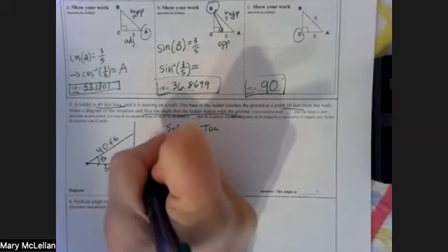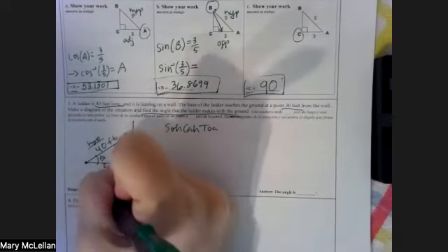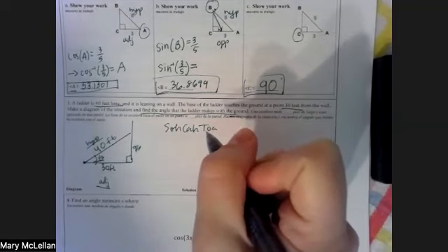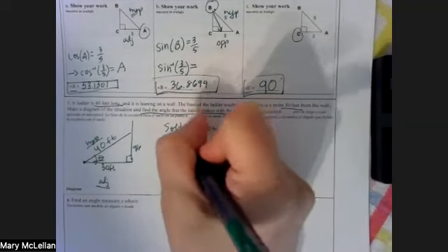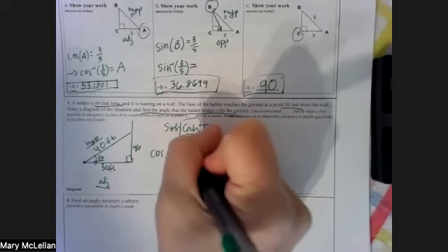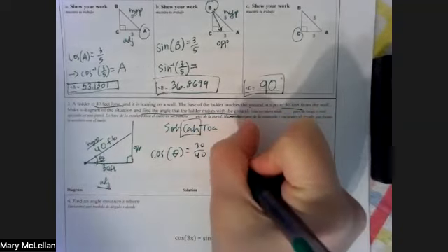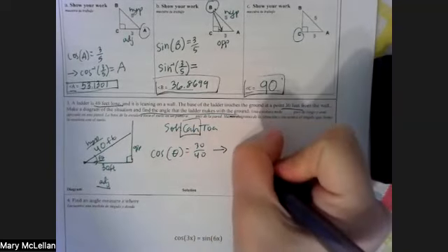This is opposite, this is adjacent, and this is hypotenuse. I'll be dealing with the hypotenuse, the adjacent, and my reference angle. So that's going to be cosine. I have cosine of my angle equals 30/40. To find the angle itself, I'll need to use inverse cosine.